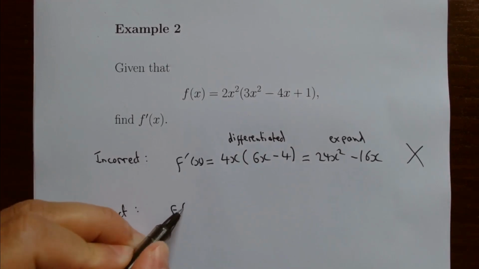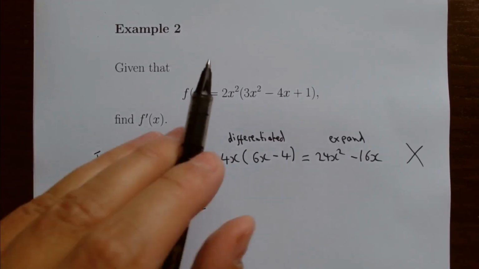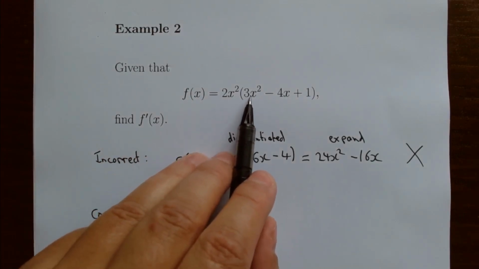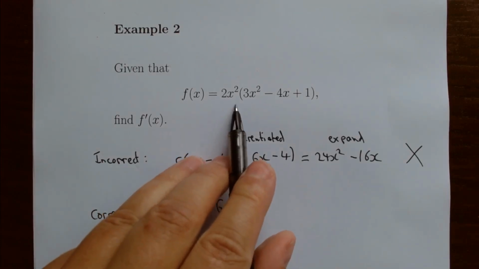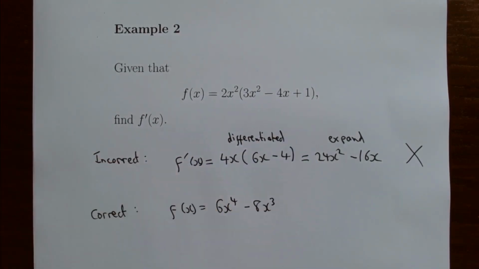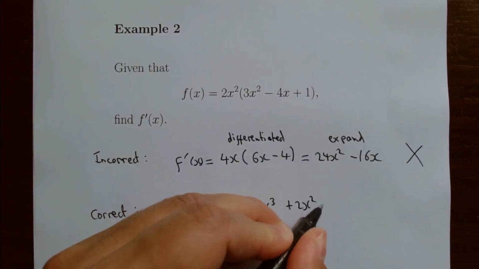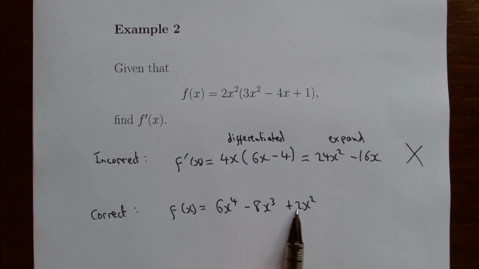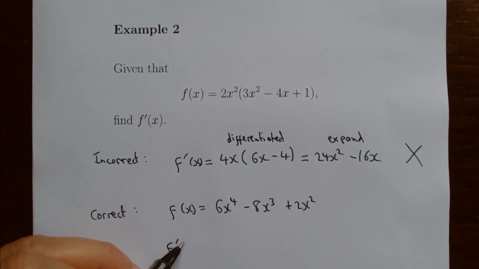So here, f of x, because we're not yet differentiating, we're just expanding. We have a 6x to the 4 minus 8x cubed plus 2x squared. And now that it's been expanded, we can now differentiate it.